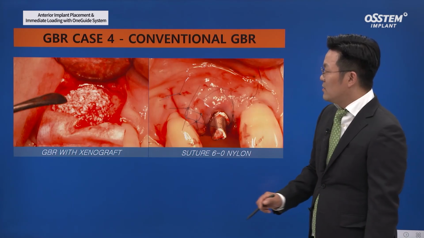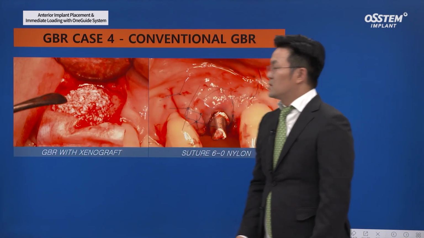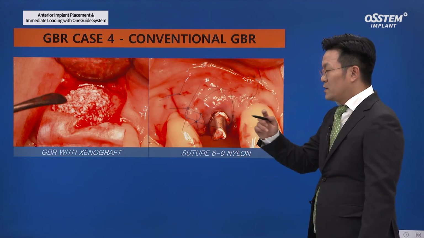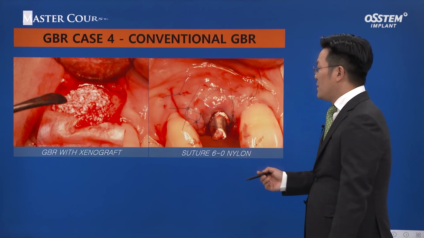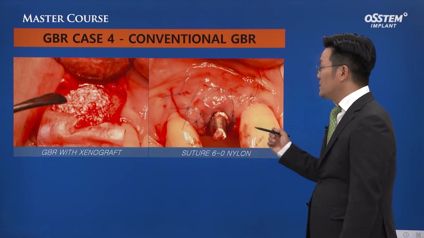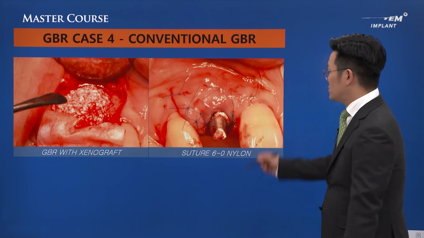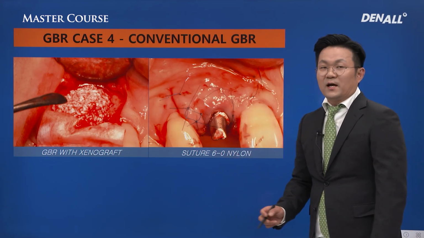On the anterior side, the biotype was thin, so I used very thin thread, 6/0 nylon, to avoid any tearing. This is how the provisional was delivered.